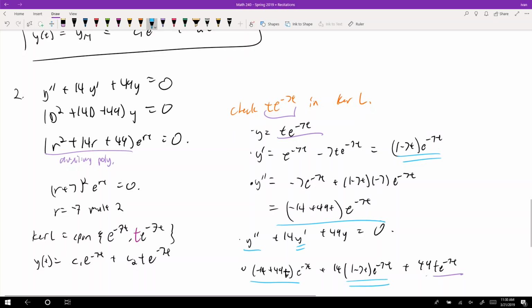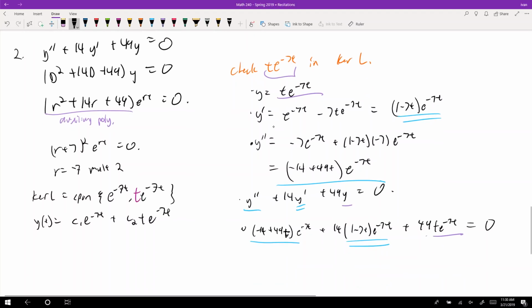Okay, so this is y double prime, and then there's y. So we want to see if this is equal to 0 or not, and it should equal 0. If you work this out, you get negative 14 here, and then you get a plus 14 e to the negative 7t, so they cancel out.